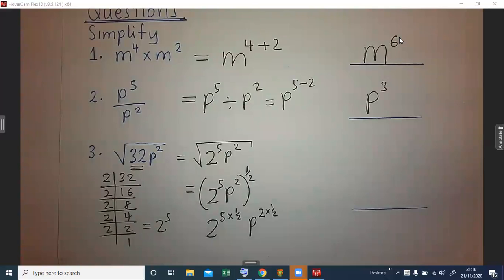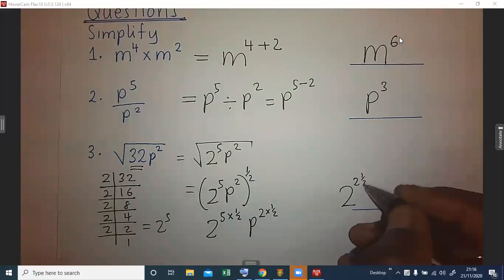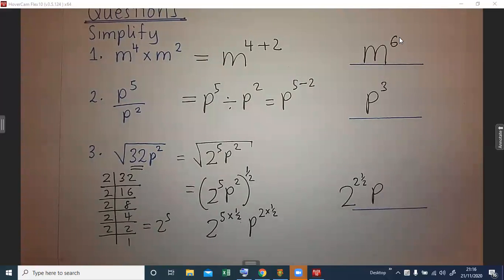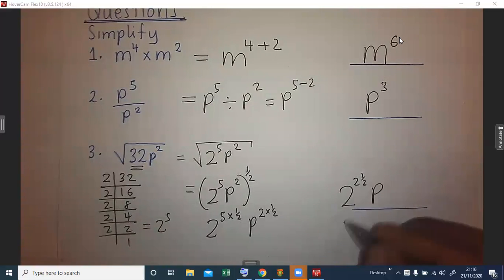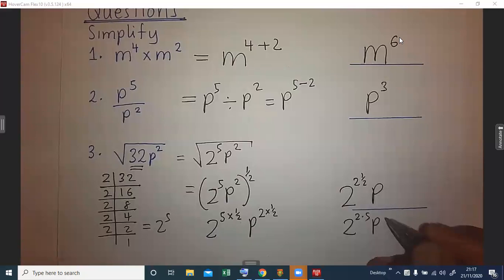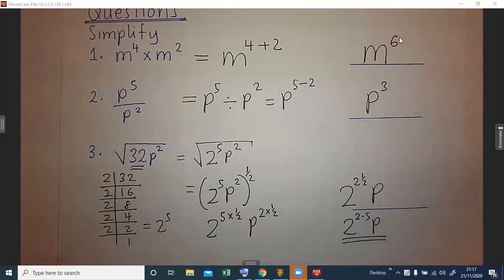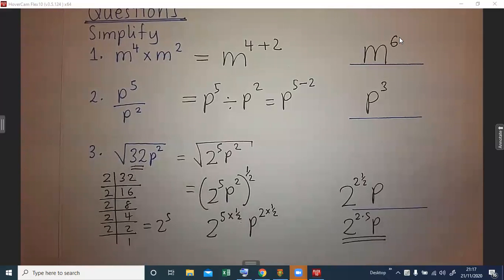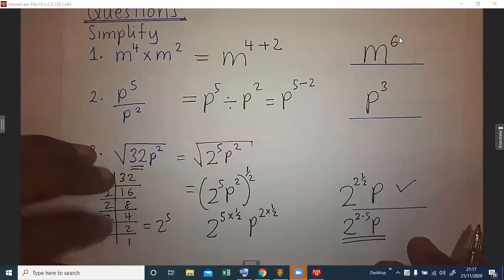In this case, we shall get 2 power 2.5 here, and here we shall get 2 power 1, which remains as 2. Another person would write this 2.5 and p is fine. In indices, you are not allowed to square root 32 because it takes it to decimal. In indices, we like to deal with powers. So change your big number to a product of its prime factors.